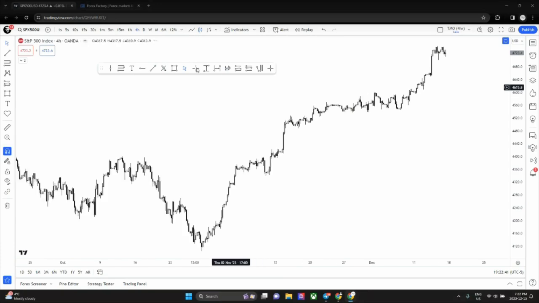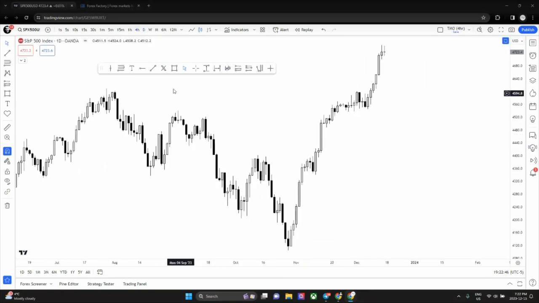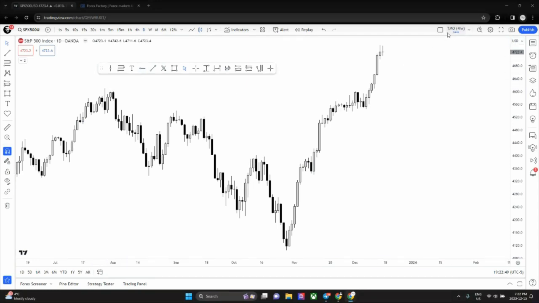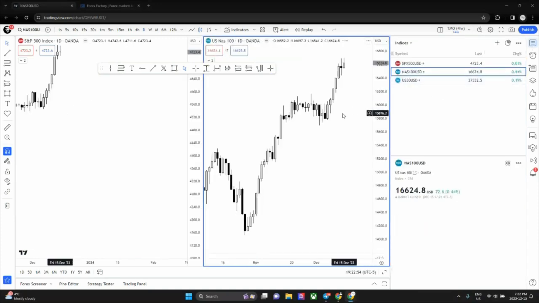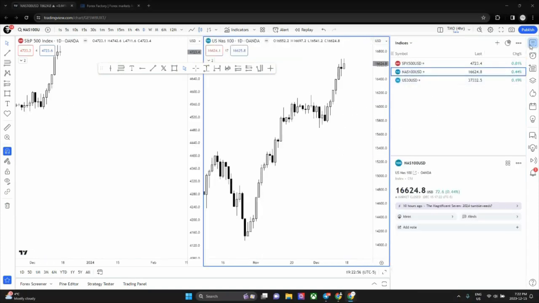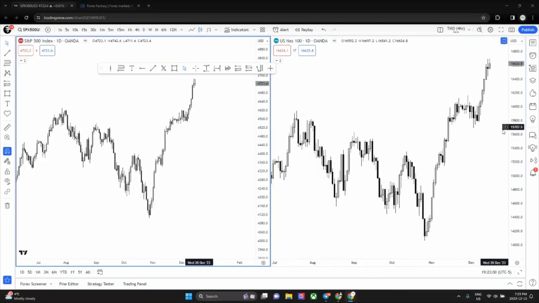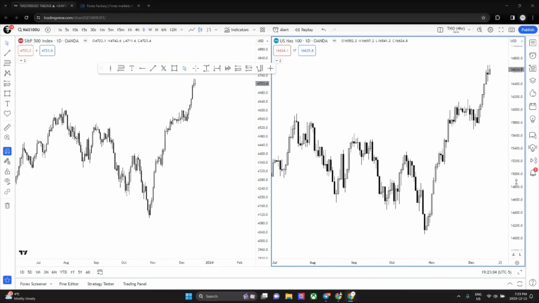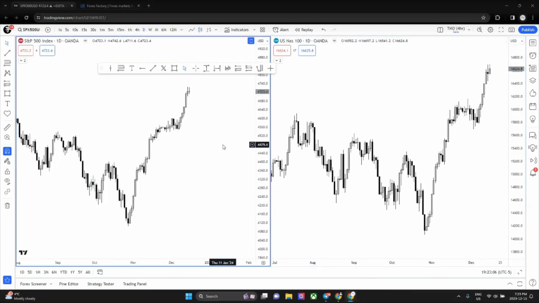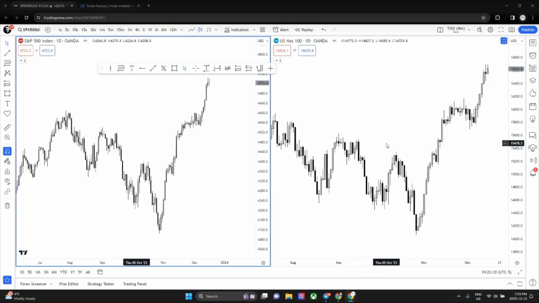So I'll give you an idea of what we'll be looking at. So as you can see right here, hold on. Let me get the Nasdaq as well. This is something basic, but ICT teaches this late in his premium course, but this is one of the most important things that you must learn, right?